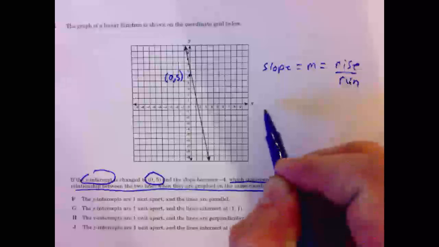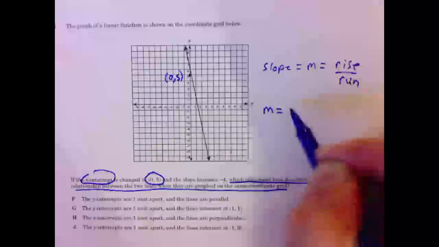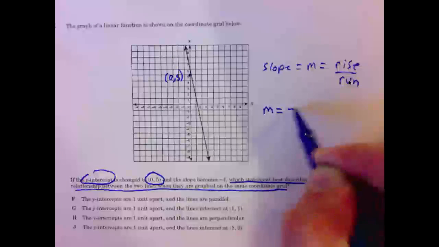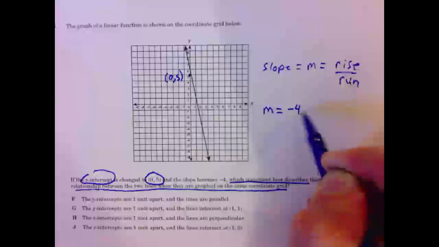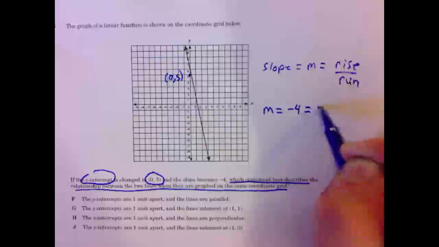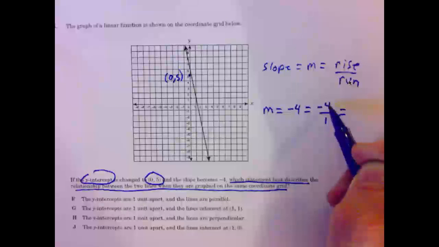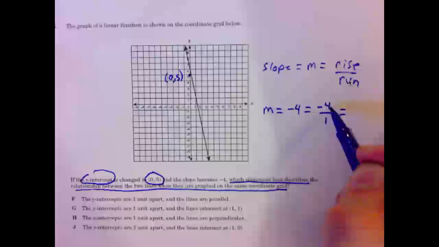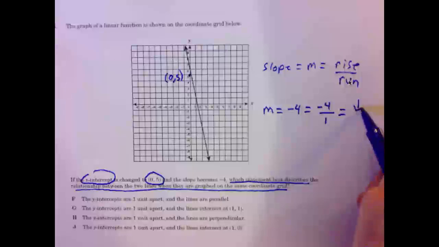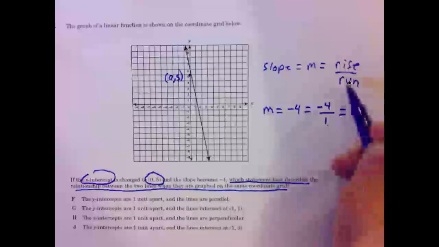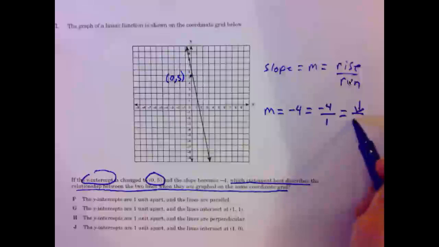Okay, so when we say the slope is negative 4, we can write it like a fraction by calling it negative 4 over 1. So in this case, this negative 4 is the rise. Since it's negative 4, it will be down 4 units. 1 is the run. That's to the right.